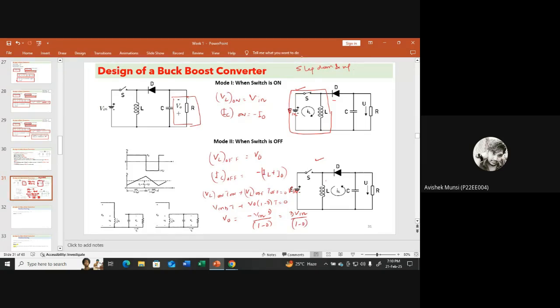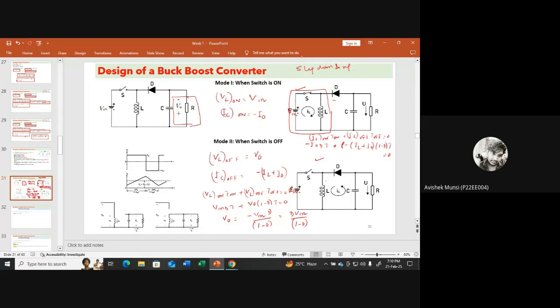And if we apply the amp-second balance, that is IC on T on plus IC off T off equal to 0, that is minus I0 dT plus minus of IL plus I0 times (1 minus d)T equal to 0.